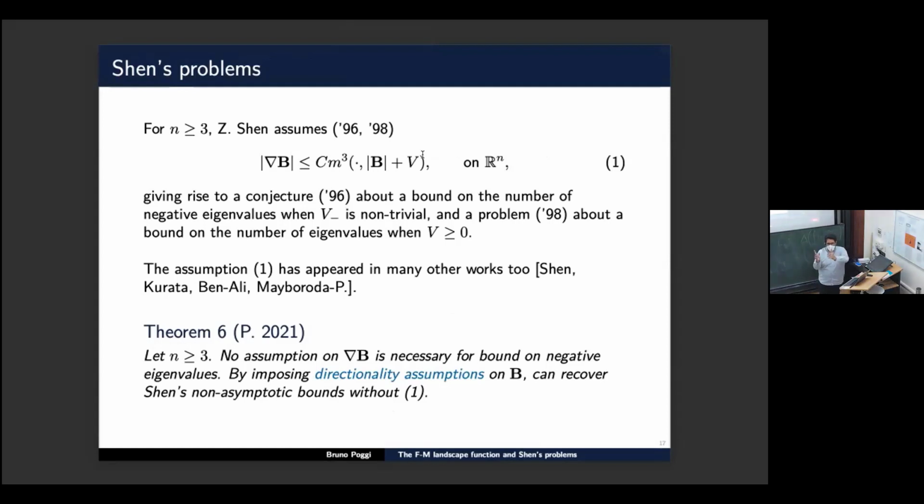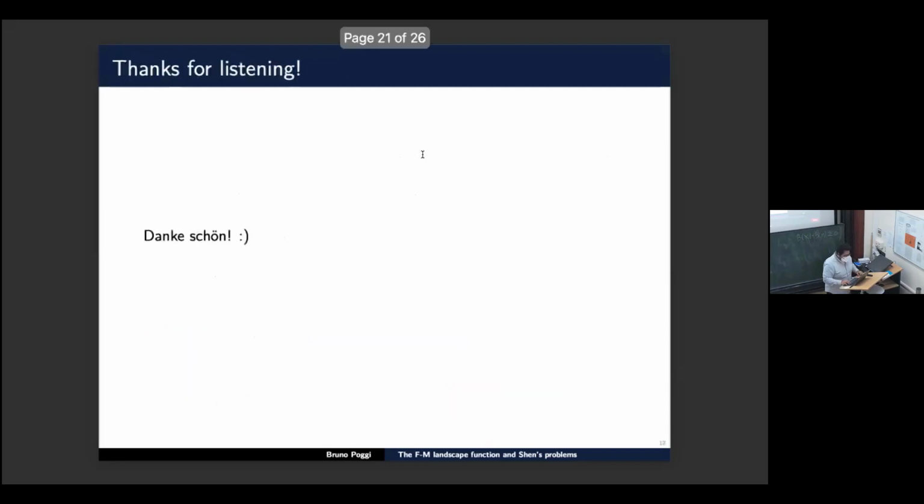Which is telling you, for instance, in 3 dimensions, where the magnetic field is just a vector, it can be restated as saying that this is true for every x and y, in the domain. So that all of the values of the magnetic field reside in a cone in R3, in a 90-degree cone. And that is it. Thank you very much for listening.